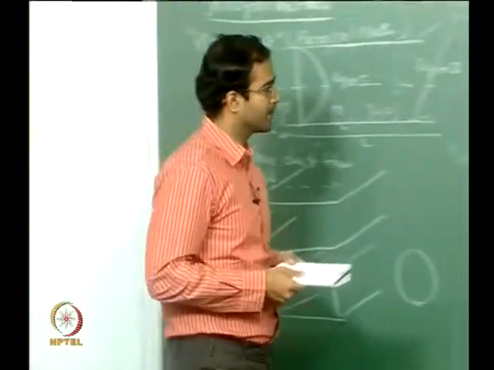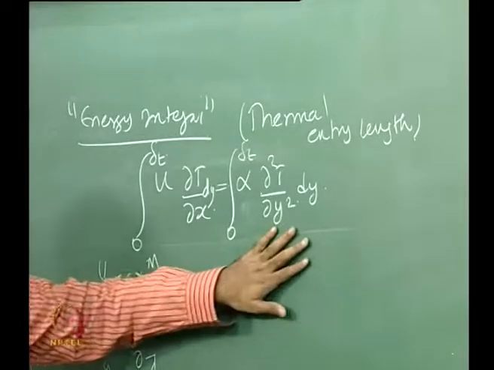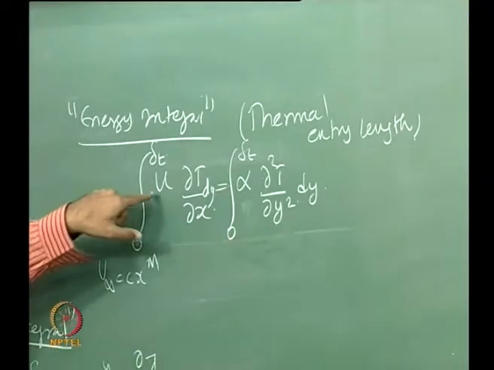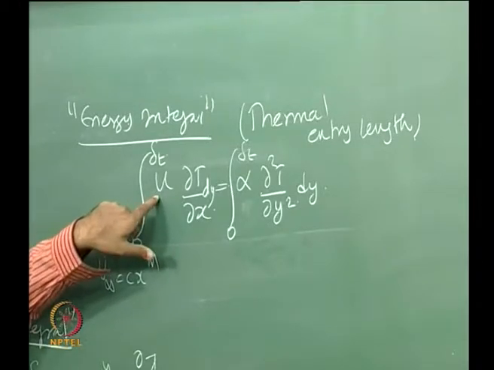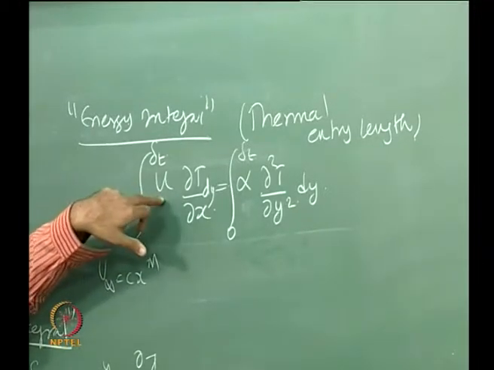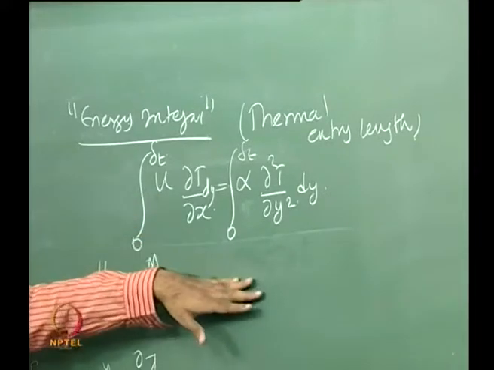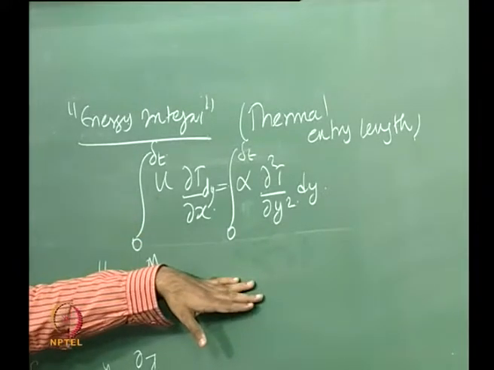If you look at the energy integral as such, if you know the fully developed velocity profile, which you already know from your analytical solution, that can be substituted here, and then you can directly use the integral method for calculating the temperature profile.